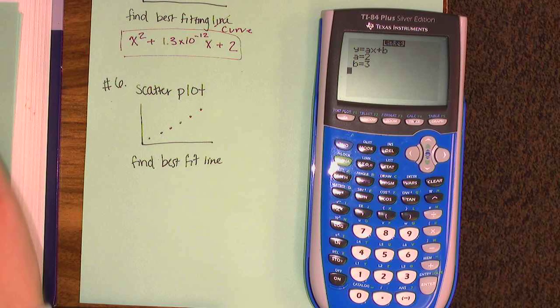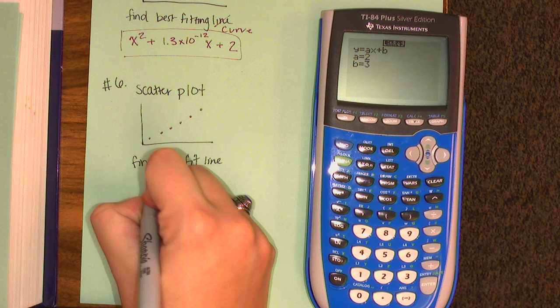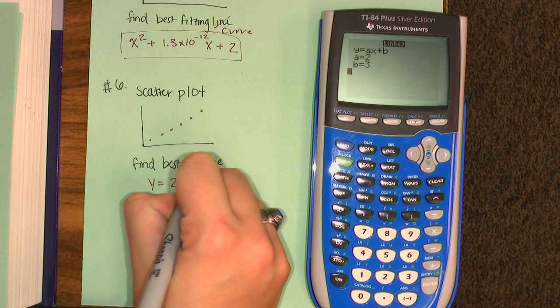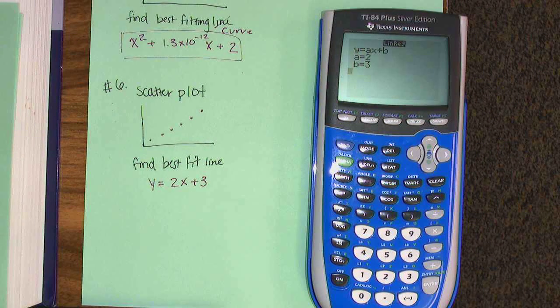And then I get the line, y is equal to 2x plus 3. Alpha and then trace.